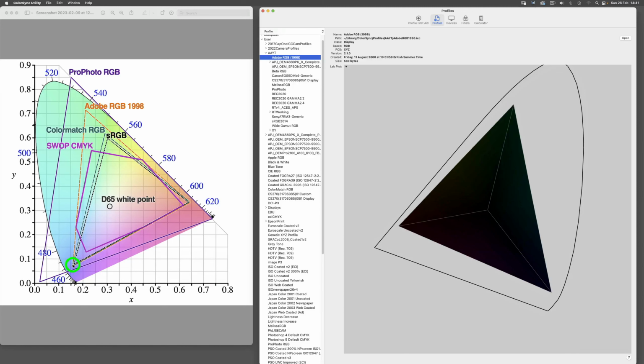You can see that the Adobe RGB color space does not maximize reds, greens or blues within the gamut of human vision. So that's okay as far as it goes, but you have to take into consideration when you're talking about colour spaces in which you work.